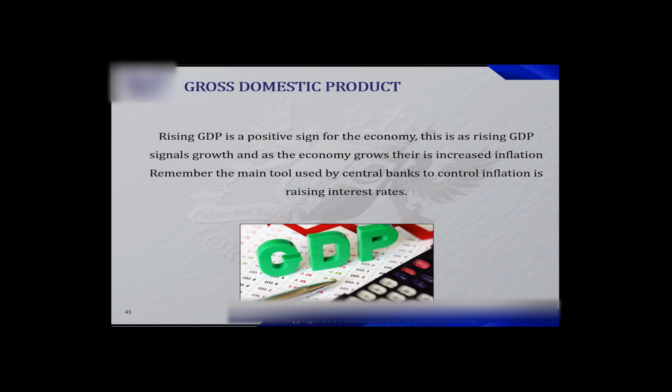And this is because if prices are rising too rapidly, the cost of goods and services may start to exceed demand.